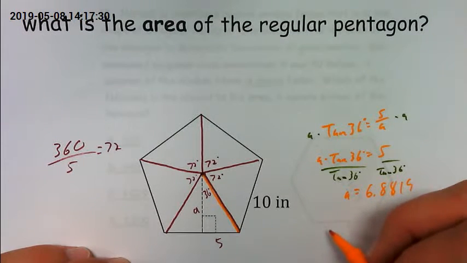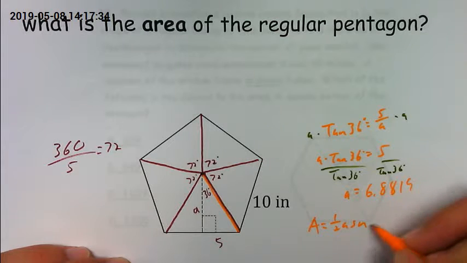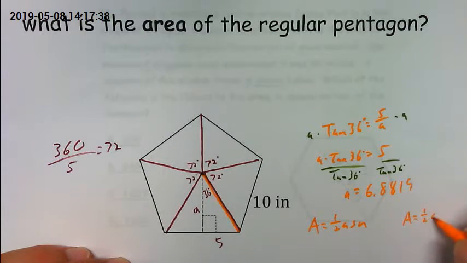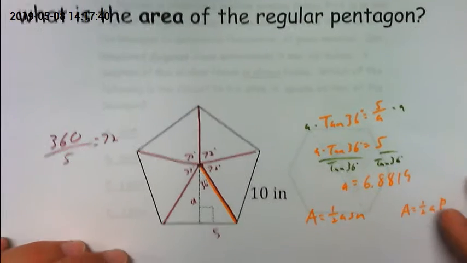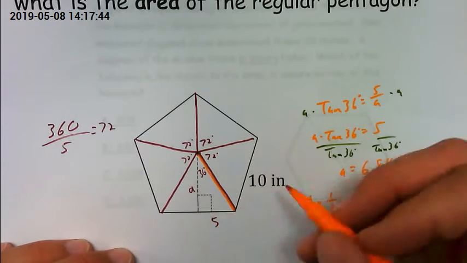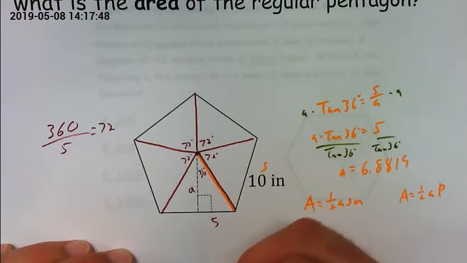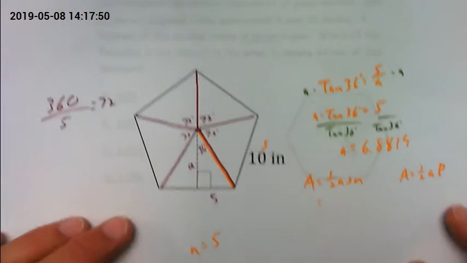So we have area equals 1/2 aSN, or area equals 1/2 aP. You can use either one, doesn't matter. We have all the values we need. 10 is the length of a side. Number of sides is 5. So plug them in.